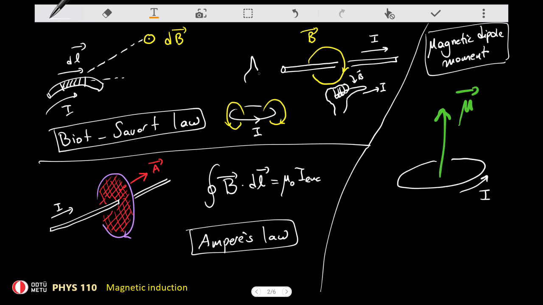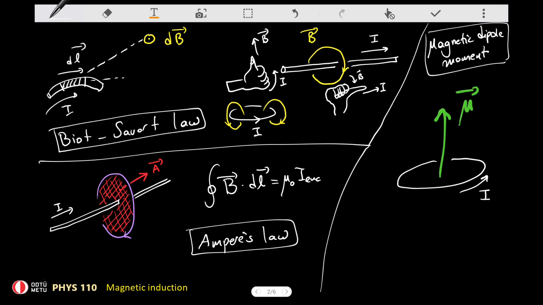Let me draw another right hand in here. Right, that's my right hand. If in that case the four fingers show the direction of the current, the thumb shows the direction of the magnetic field.